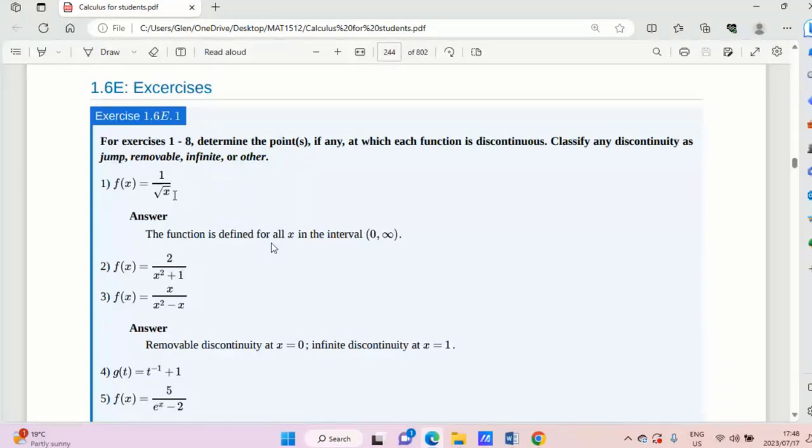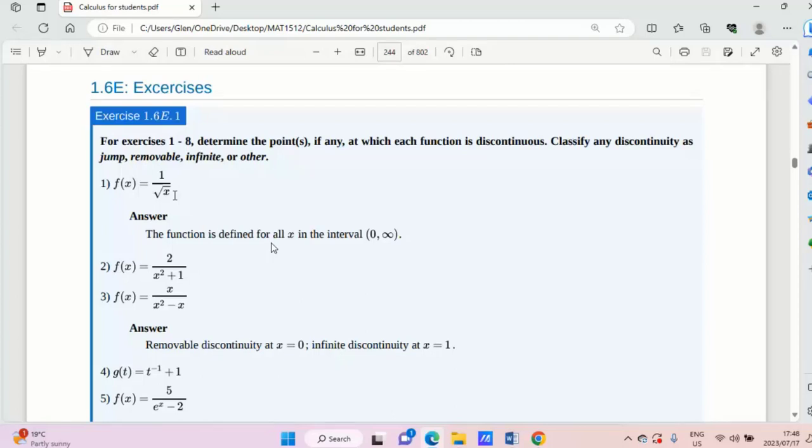Hello, sir. Tando, yes. I agree with Abdul because when I read here, they said or other at the end. They say determine the point, if any, at which each function is discontinuous. Classify any discontinuity as jump, removable, infinity, or other.